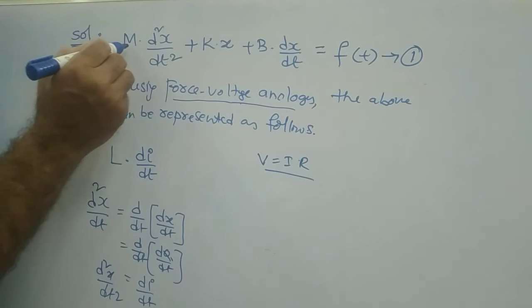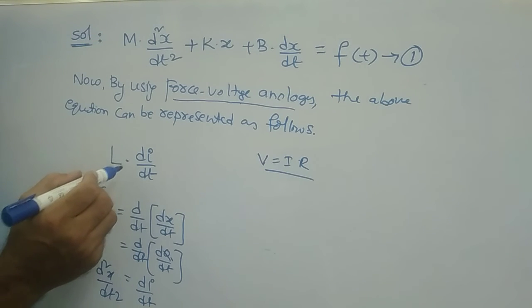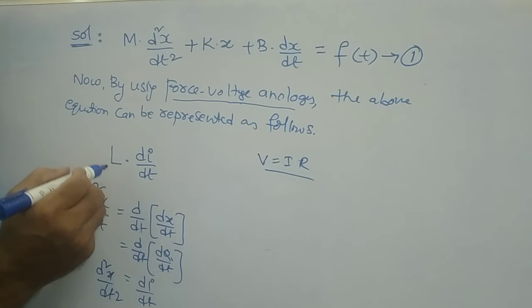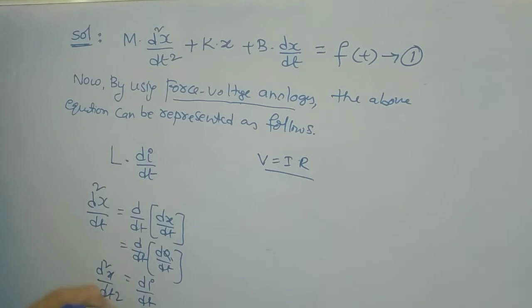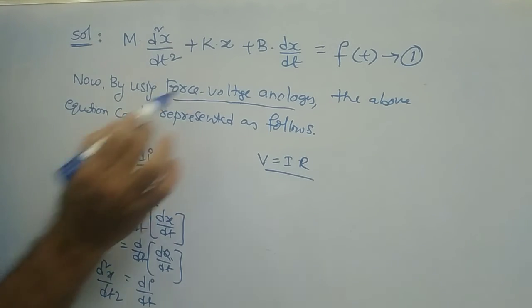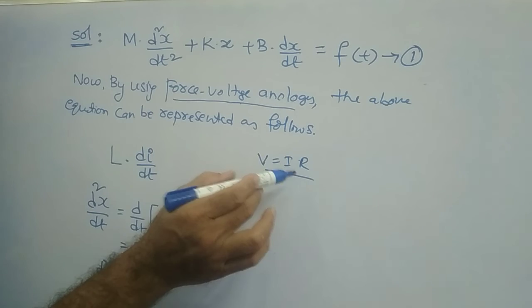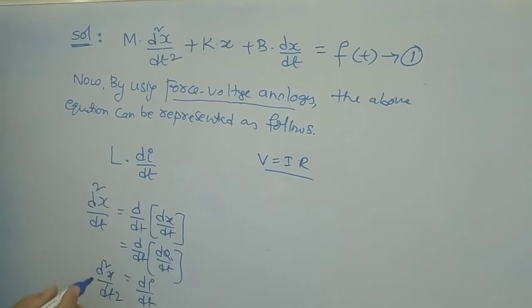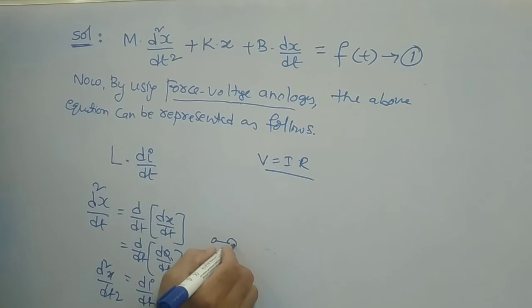Say for example, this is an inductor. Obviously this is an inductor. Inductor means you must immediately, without all this calculation, easily remember. Once you know that M is converted to L, then definitely in force-voltage, as per Ohm's law, what is the voltage across the inductor L?